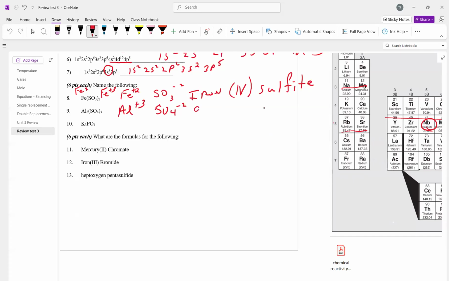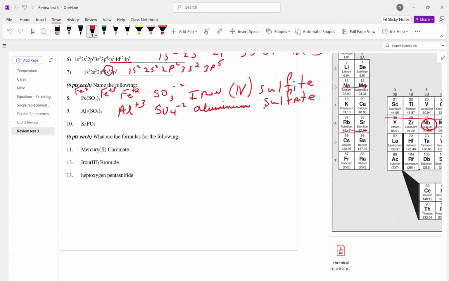So all that is aluminum sulfate. Notice I didn't put a 3 there. If you want to put a 3 there, that's fine. But you don't need it because it doesn't exist except as +3.